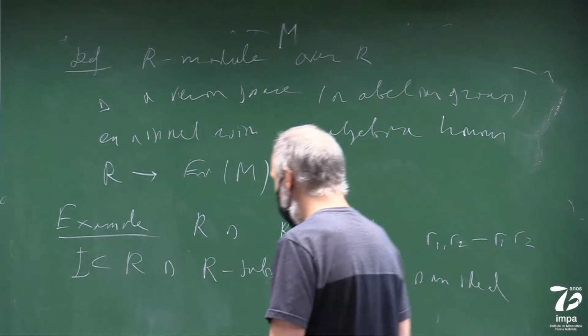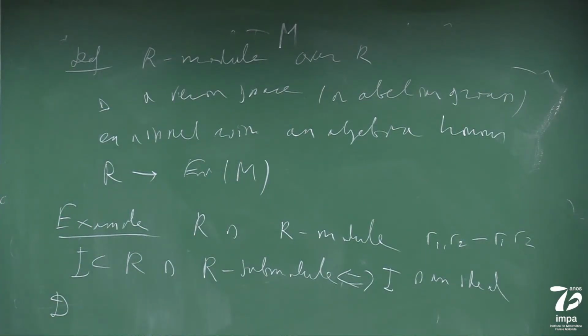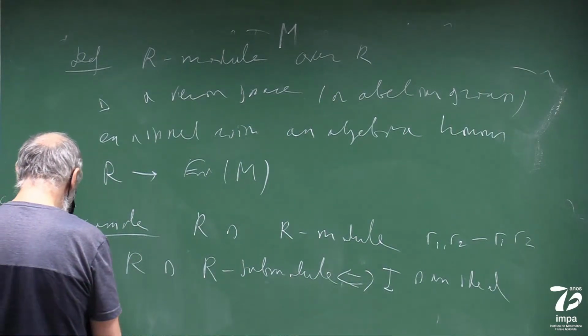Okay, now definition. This is a generalization of the definition of ideal, of a Noetherian ring.